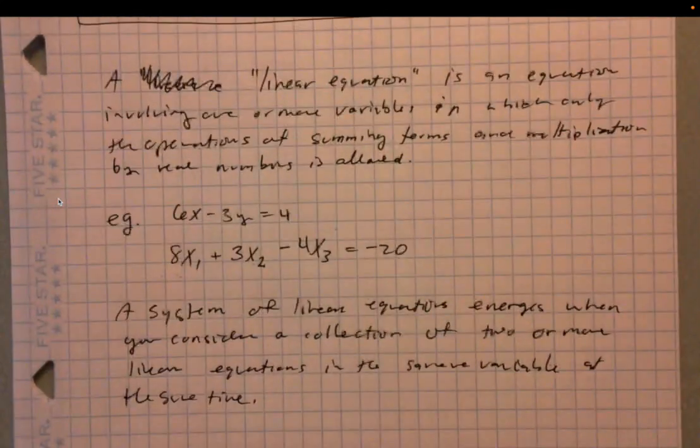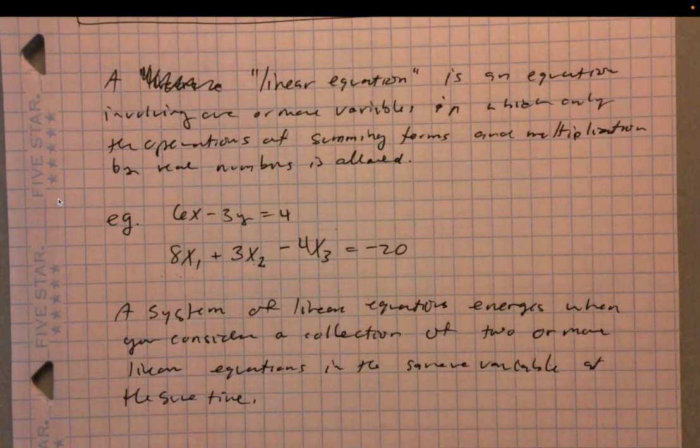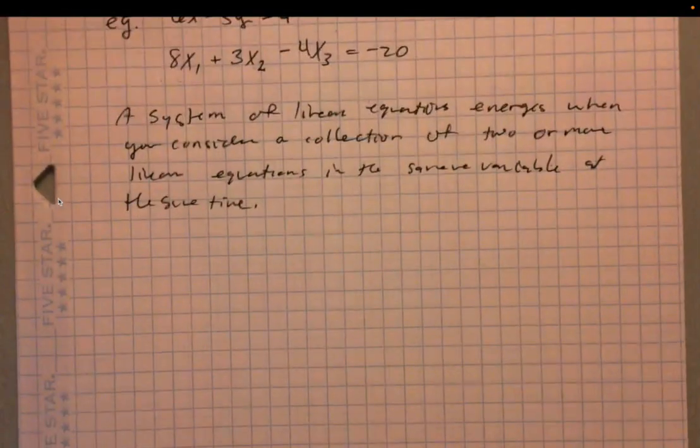Okay. So a system of linear equations emerges when we consider two or more linear equations in the same variables at the same time. All right, so some examples.